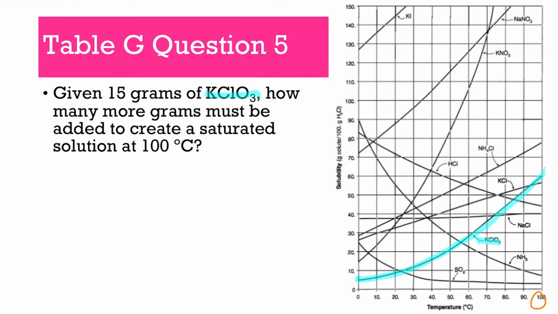So at 100 degrees, it's over here, a saturated solution. So saturated, remember, means on the curve. You need 60 grams at 100 degrees, but you have 15 grams. So how much more? So you're basically right there.